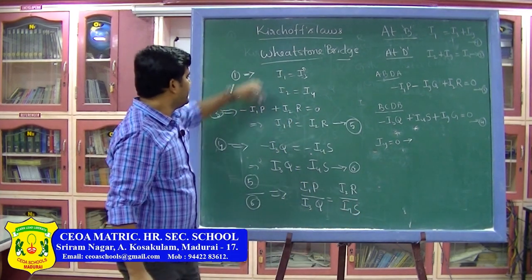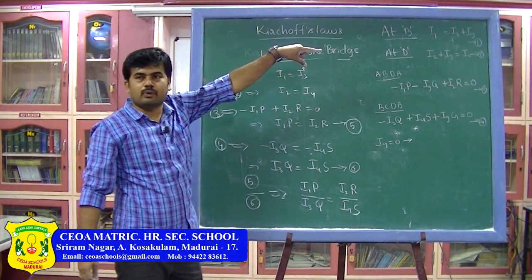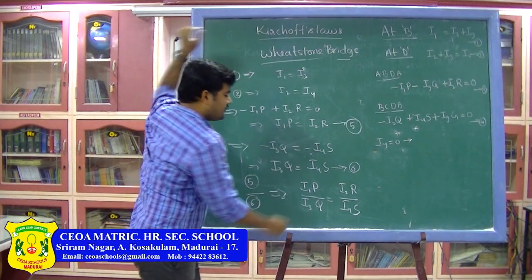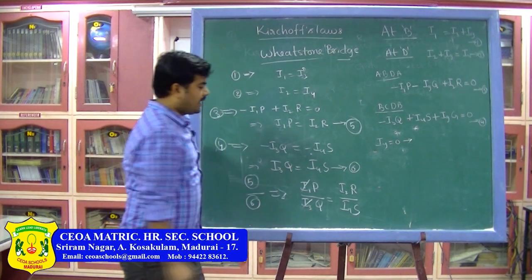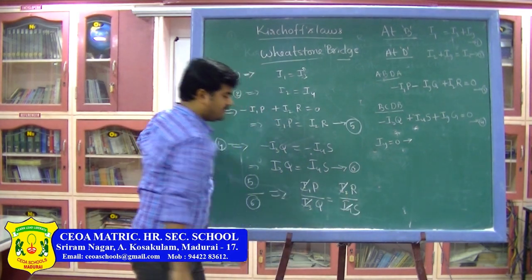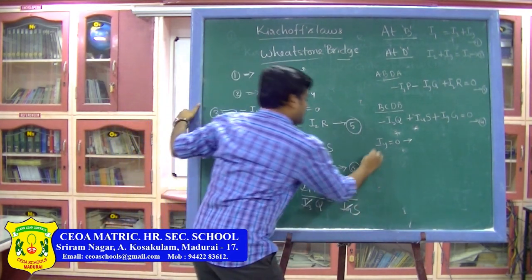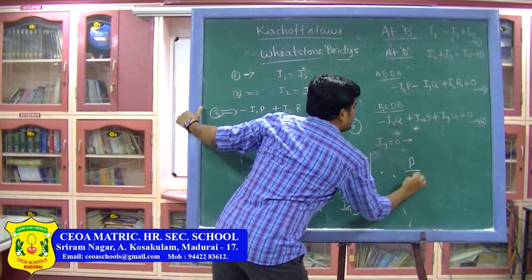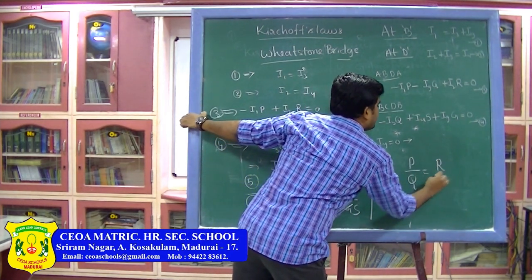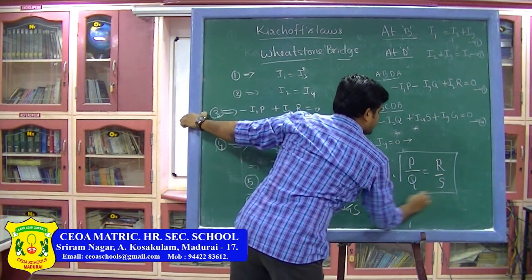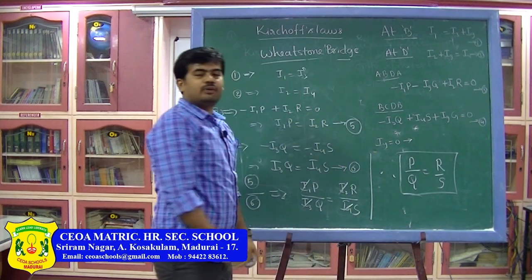Now, use these values which we obtained by using Ig equal to 0, I1 is equal to I3, so I can cancel I1 and I3, and I2 is equal to I4, I can cancel I2 and I4. Therefore, we will get P divided by Q is equal to R divided by S. This is the condition for balancing the Wheatstone bridge network.